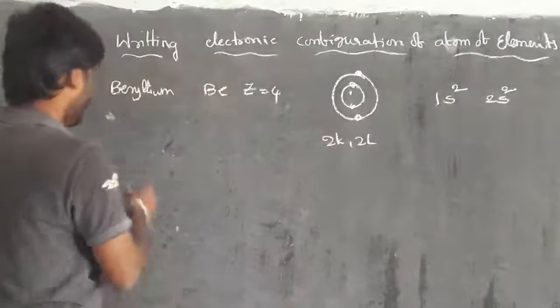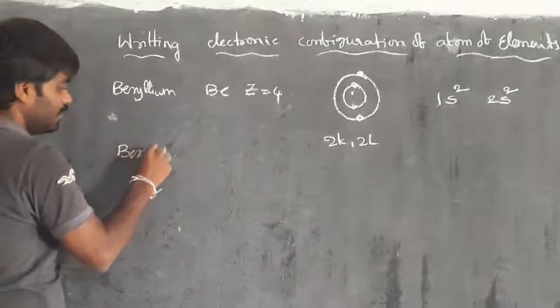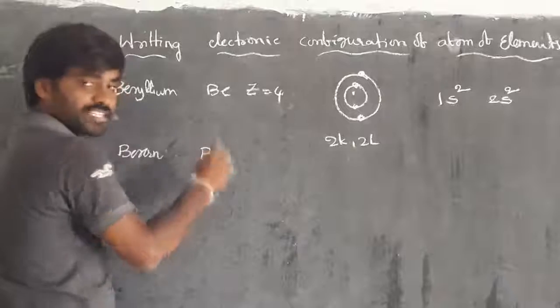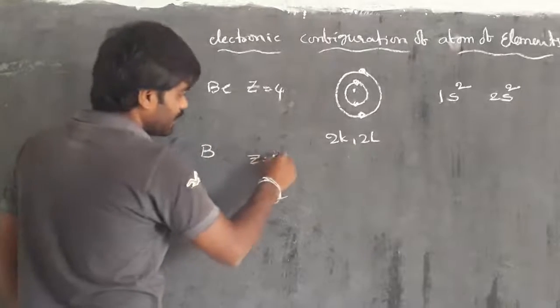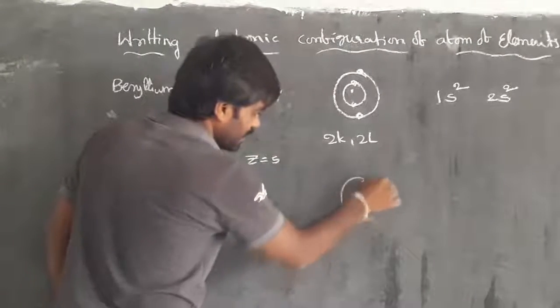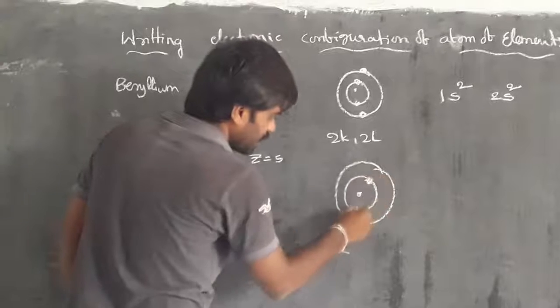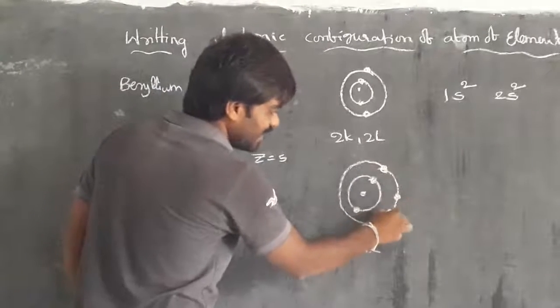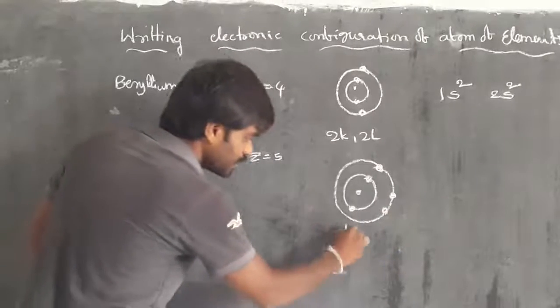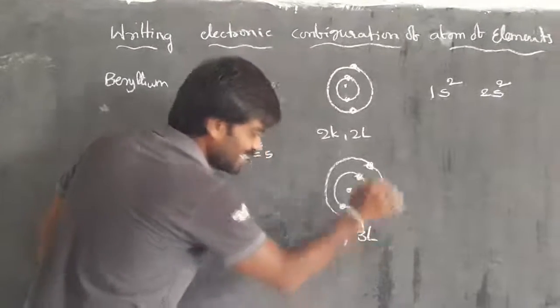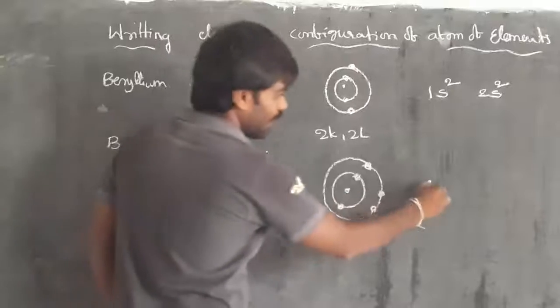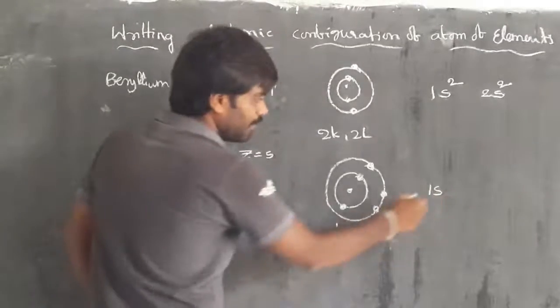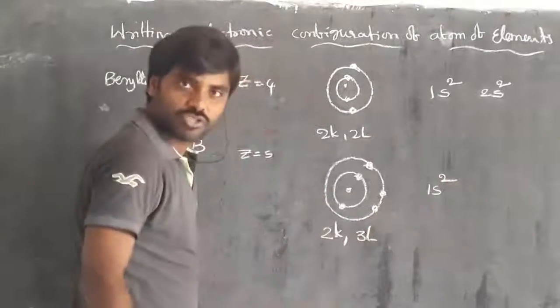Then take boron. The symbol is B, atomic number is 5. We wrote it like this: in the first shell 2 electrons, in the second shell 3 electrons, that is 2K and 3L. Here 2K means 1s with 2 electrons.